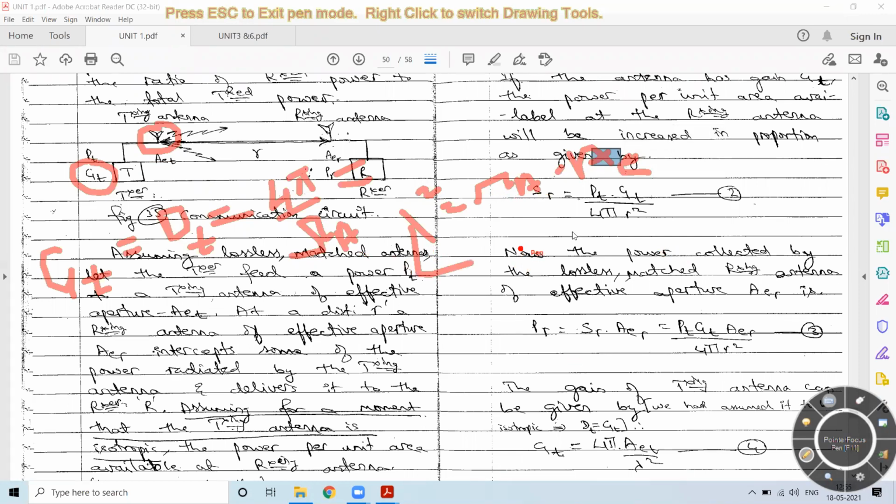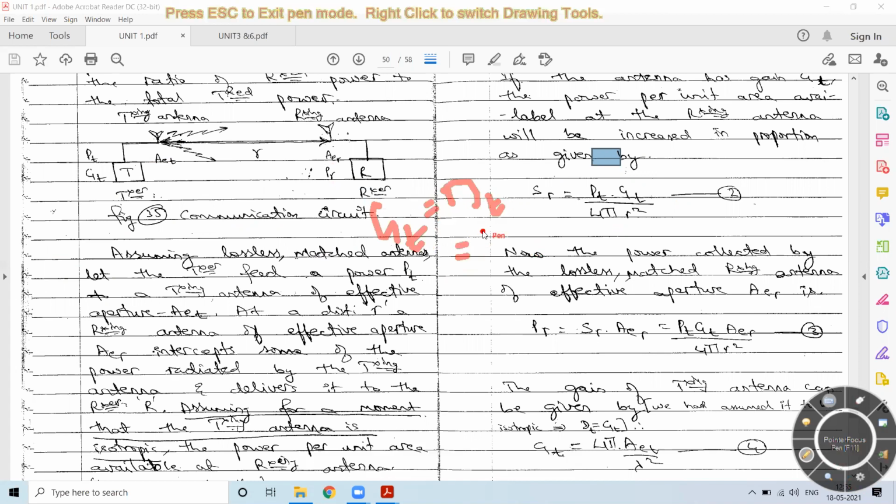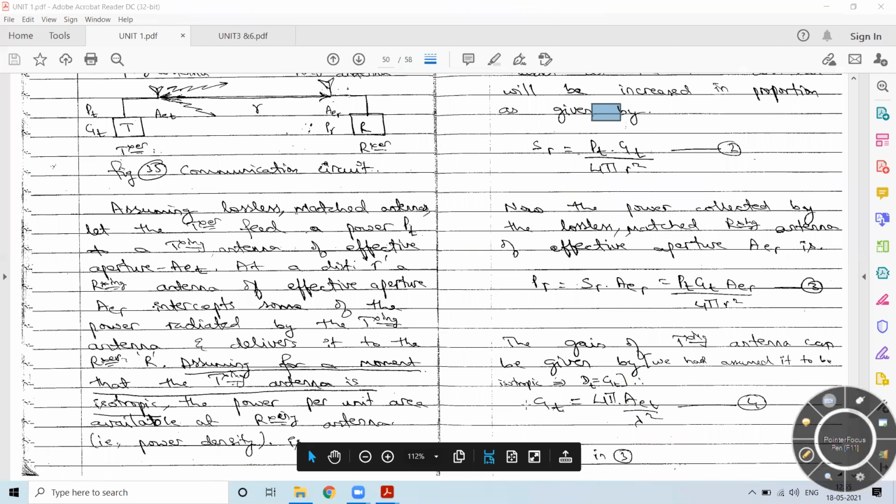So when we simplify this equation, what we had obtained, in our case, is 4 pi into the effective aperture of the transmitting antenna divided by lambda square.